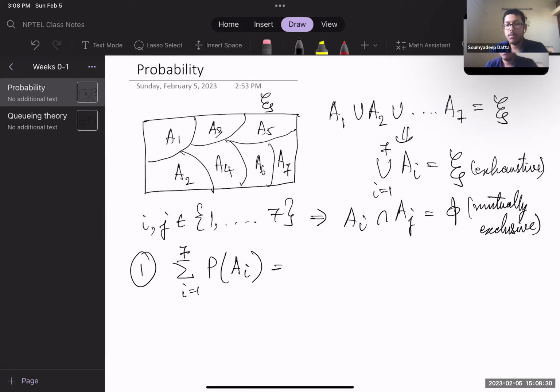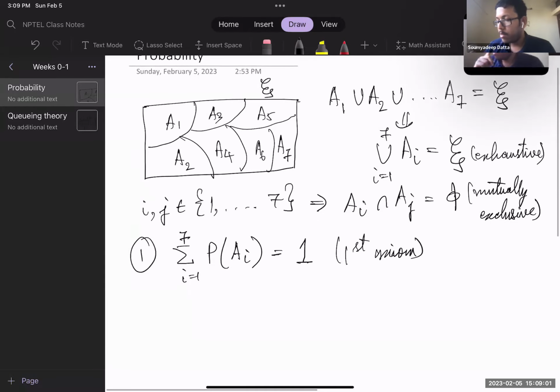So this is 1, yes, exactly, because this is a mutually exclusive and exhaustive collection. Whatever element you pick from the set xi has to lie in one of these, and these sets are not intersecting with each other. So this has to be 1. This is an application of the first axiom, I think, though I'm probably not right about the ordering.